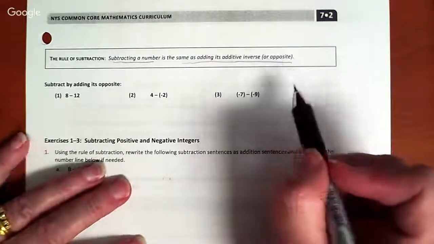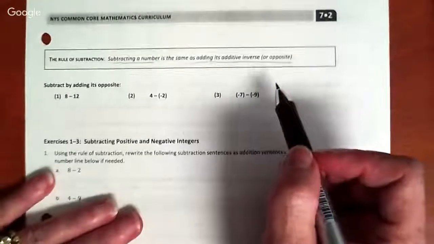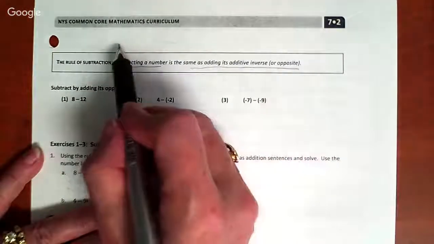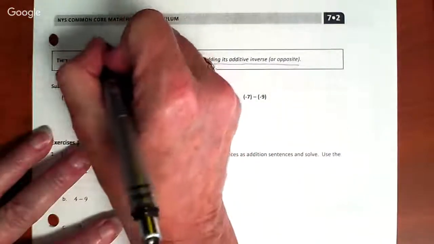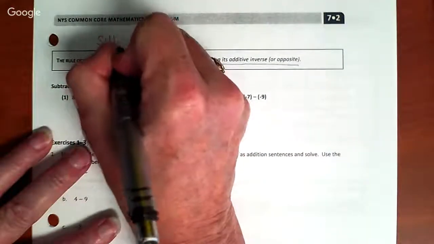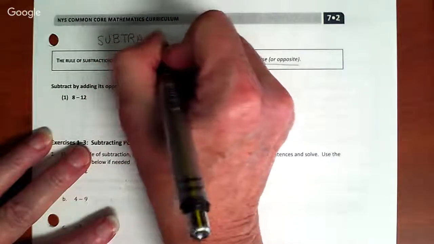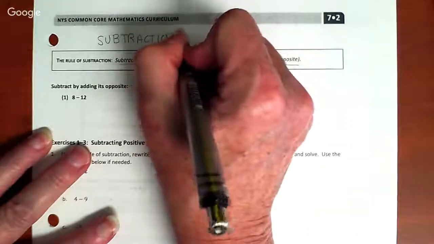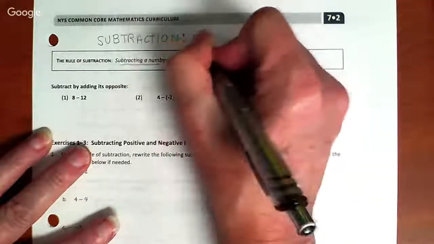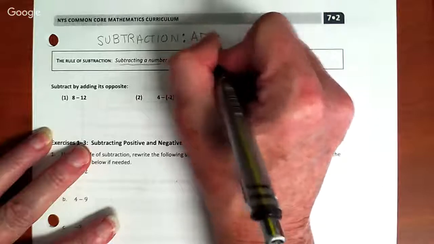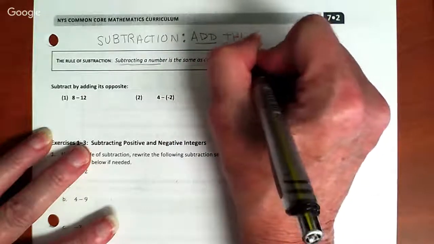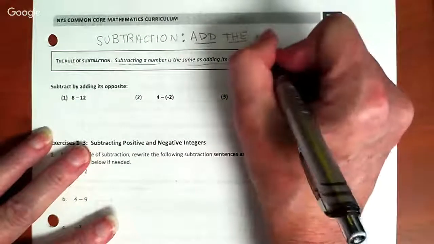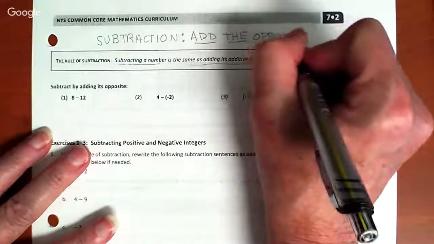So here is our rule, and I'm going to put it up here. For subtraction, we should remember 3 words: add the opposite.